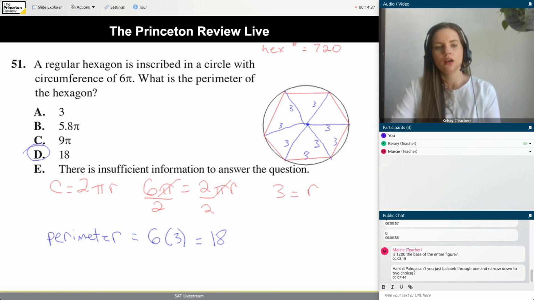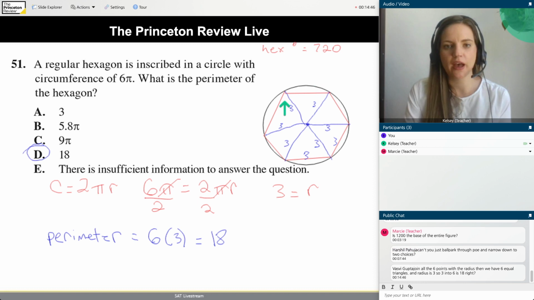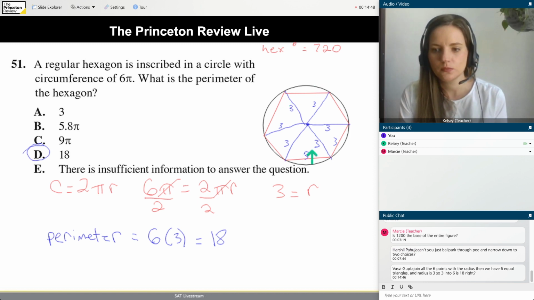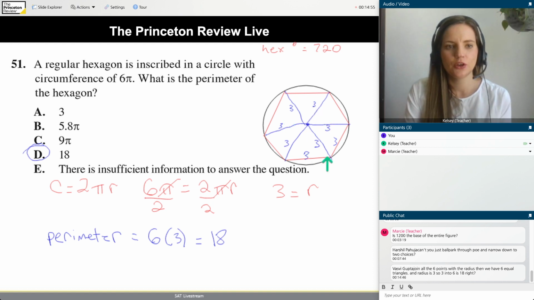Again, a way to ballpark this question: if we know that the circumference, the distance around the circle, is going to be about 6 pi, yep, exactly, that is exactly right. But we could have ballparked this too. If these are pretty similar numbers, we're not going to expect the distance around the hexagon and the distance around the circle to be vastly different numbers.